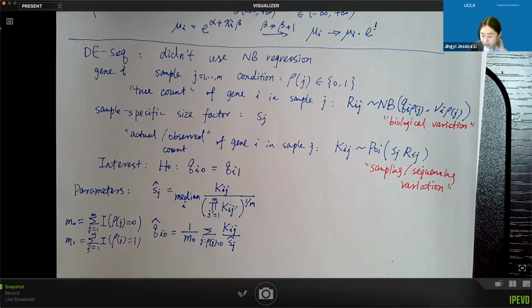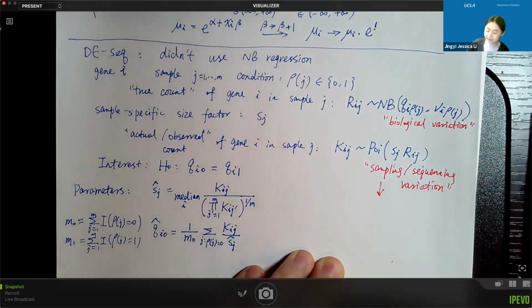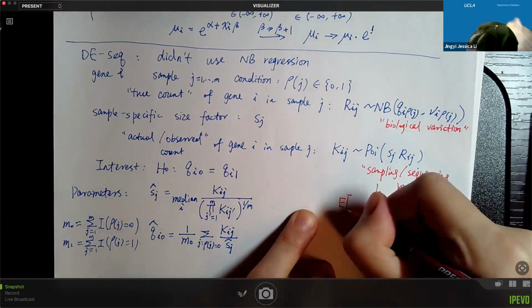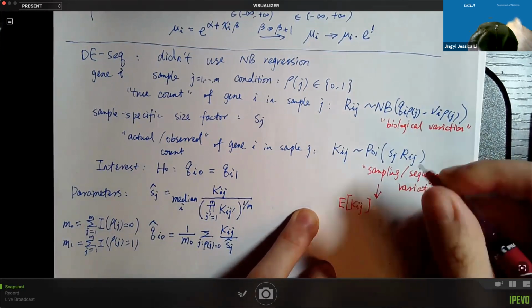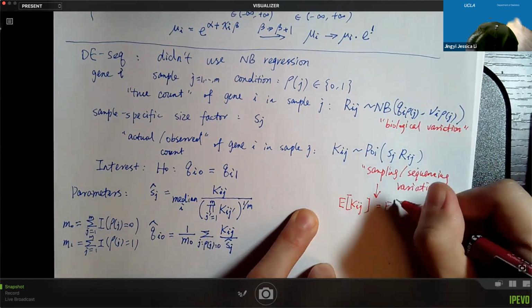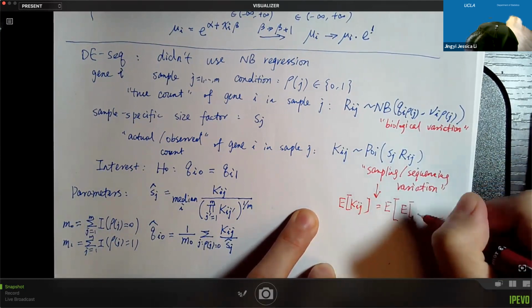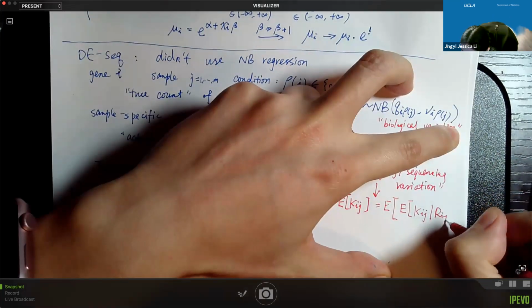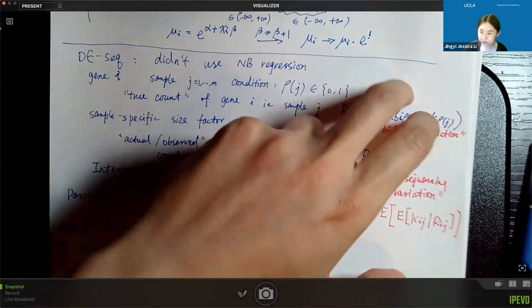But you can actually justify this by saying, okay, if I take the expectation, so coming back here, going down from this route, right? Think about what I told you: the tower rule. If you look at the expectation of Kij, applying what we said, it can be written as the expectation of Kij given Rij. The tower rule is this.